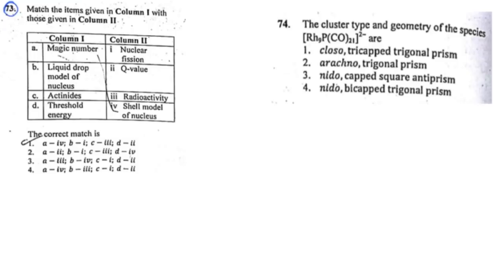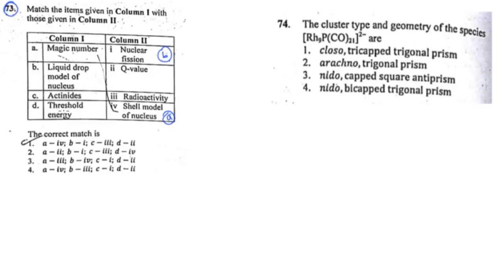You know what a magic number is. Magic number is for the shell model, so the fourth one is for A. I'm just writing it over here. Then you have the liquid drop model, which is basically used to explain nuclear fission. So B is over here. Now the next one is actinides.